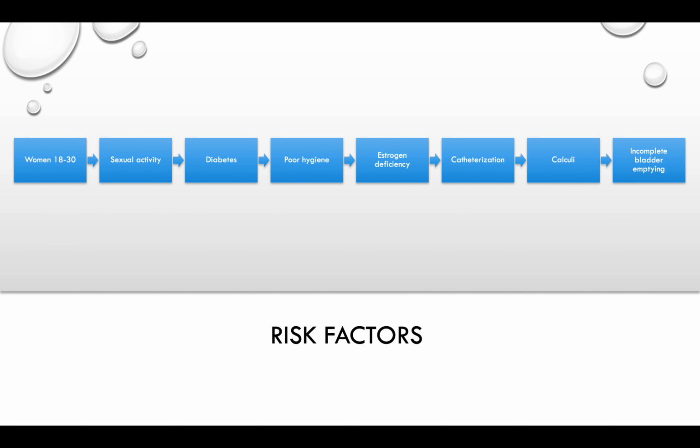Catheterization, I'll talk a little bit more about catheterization on the next slide, going to CAUTI. This is a huge deal, especially if you're going into acute care, but also if you're considering practicing in long-term care. CAUTIs are a really big deal, and catheterization, as you learned in skills lab, is a sterile procedure.